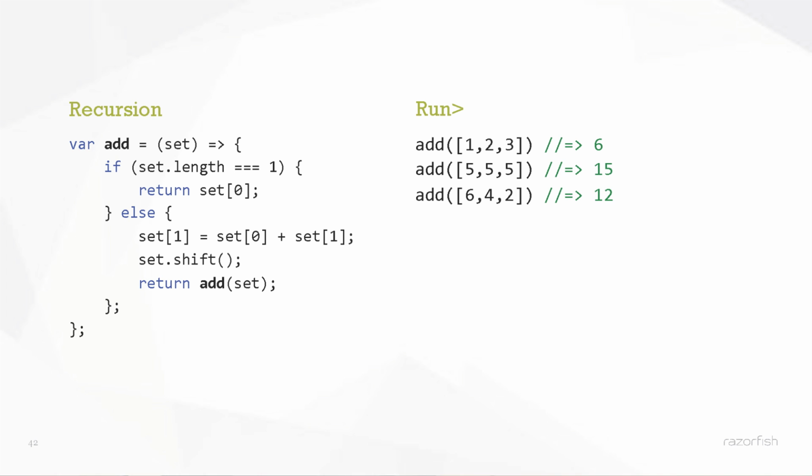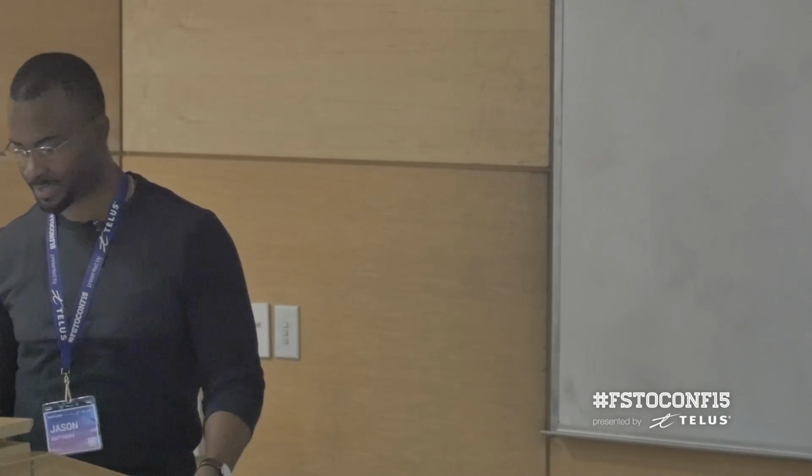Otherwise, I would add the first and second value, use the shift method to delete the first one, and then call the add method again, which is itself. And so it will do the same thing over and over until it only has one left, and then it will return that. Is this clear to everyone? Yes, yes. No? Okay.